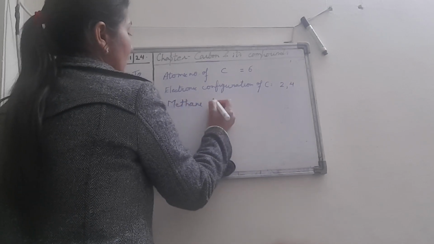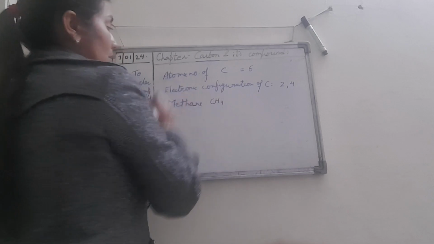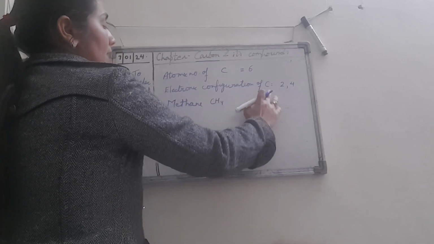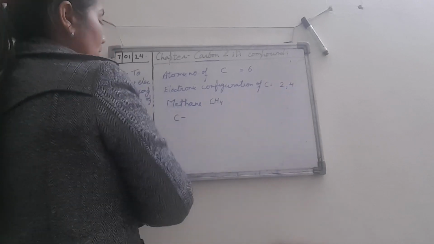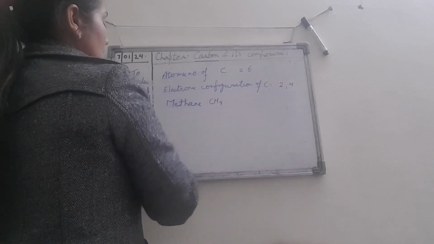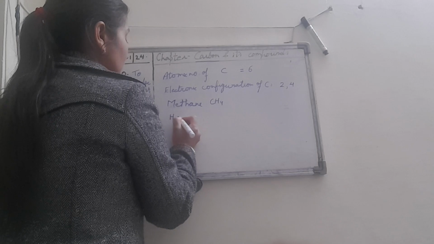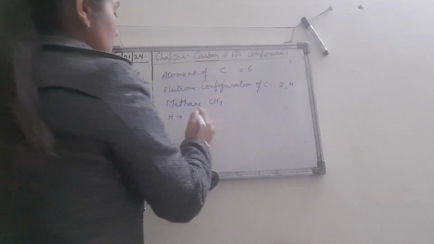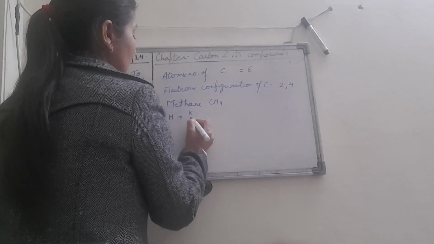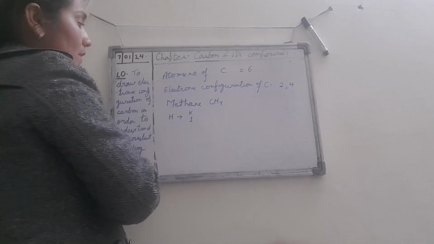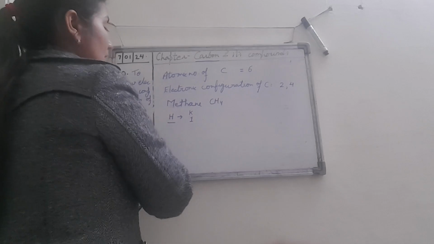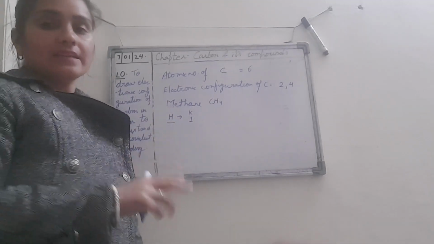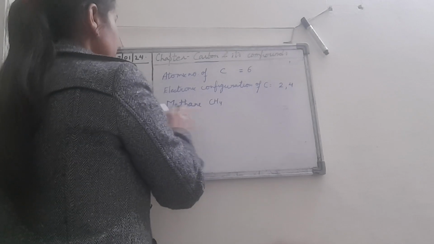The formula of that is CH4. Right? Now we know the electronic configuration of carbon is 2 and 4, and the electronic configuration of H is, because atomic number of H is 1, so it has only 1 electron in K shell. Right? It means hydrogen requires 1 more electron to complete its K shell. Now what will happen?